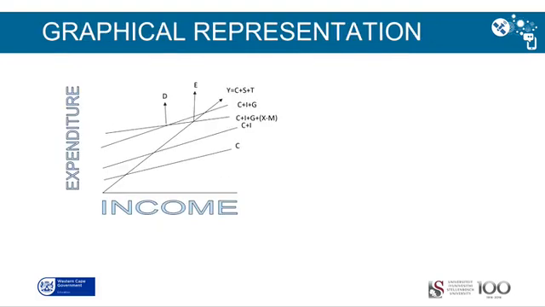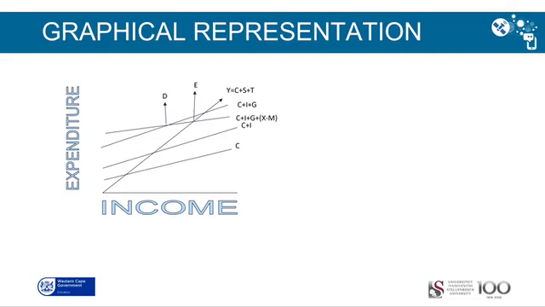Let's have a look at our graphical representation for a four-sector model. The y-axis just disappeared from here, but obviously there'll be a line going down there as well.